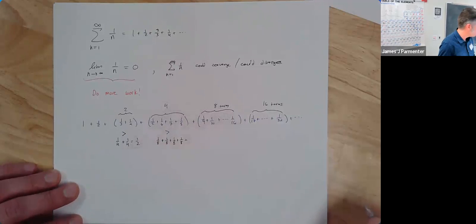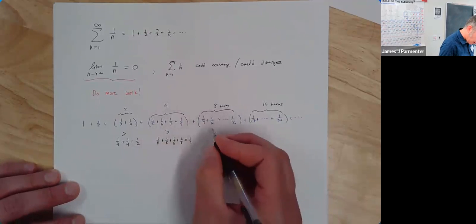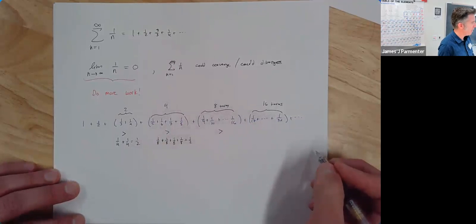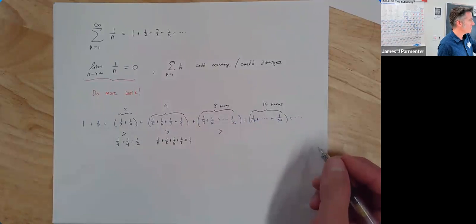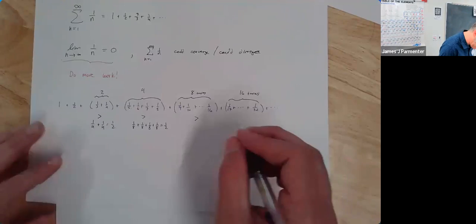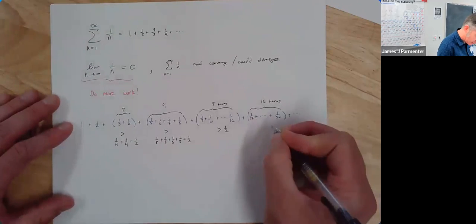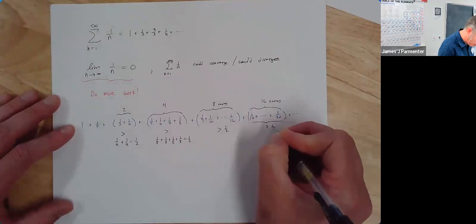How much does that add up to? A half. These terms here, what do you think they're going to be bigger than? 1/16 eight times is a half. Each of these things that I've sectioned off is bigger than a half.